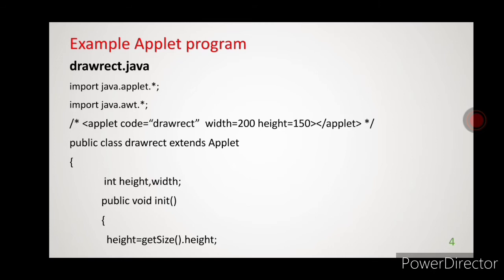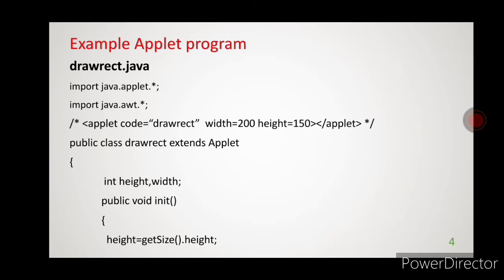This line of code we are writing with the applet tag. In the applet tag, in the code part, we will specify the Java program name or Java class name which we are executing.